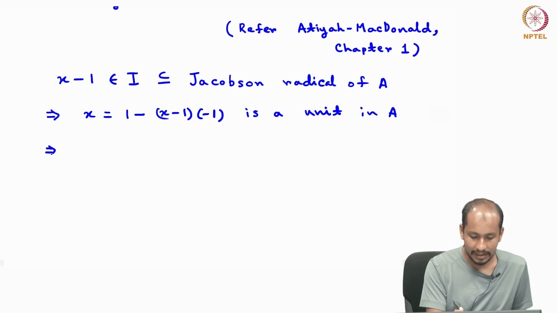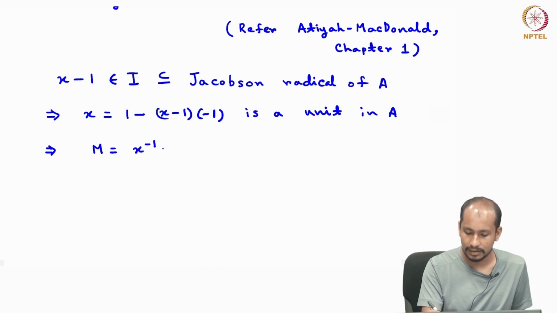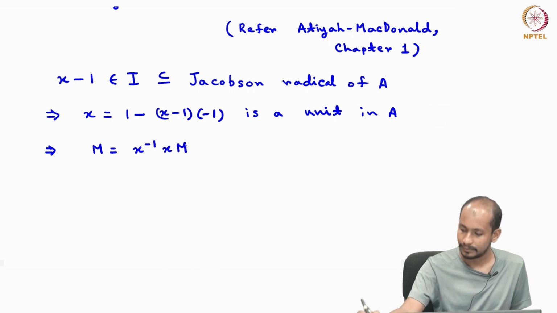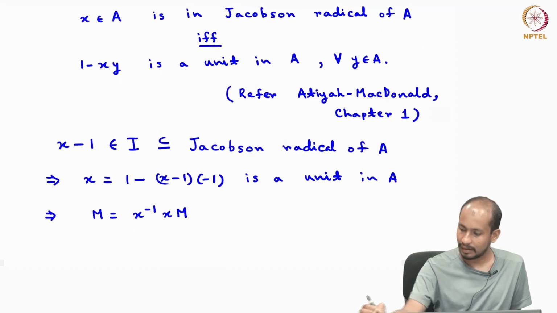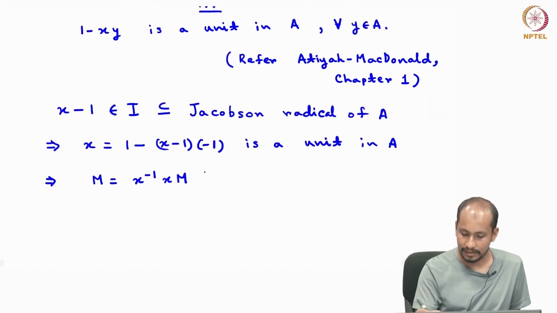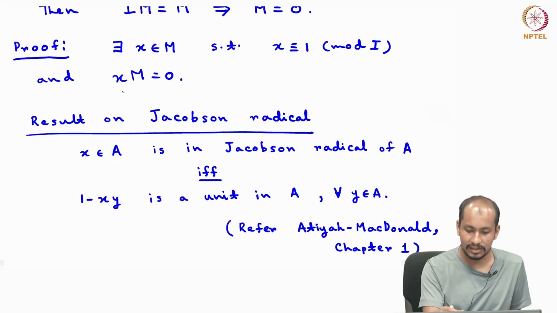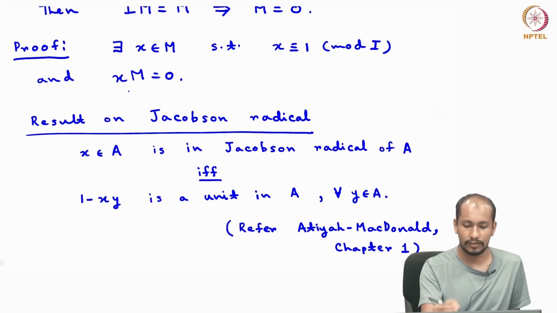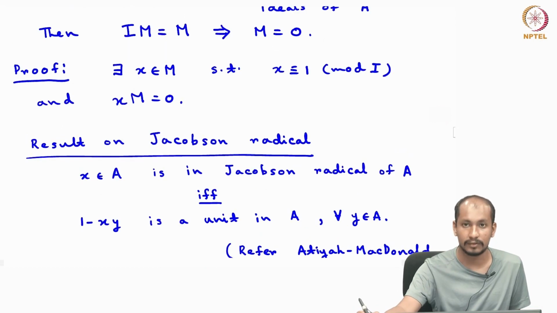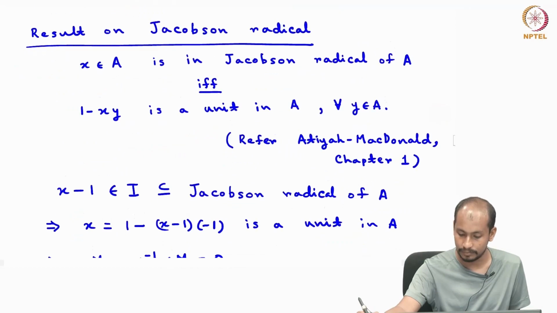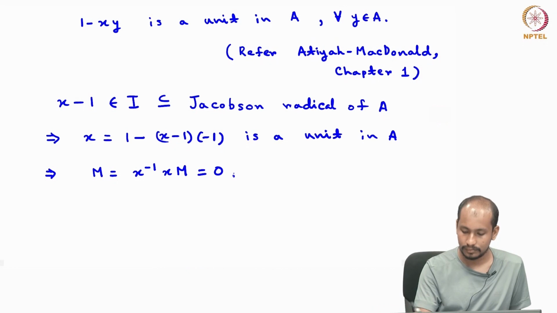So this implies that M, which we can write as x inverse times xM, is equal to 0 because x times M equals 0. It follows from the immediate corollary of the Cayley-Hamilton theorem. So this is done.